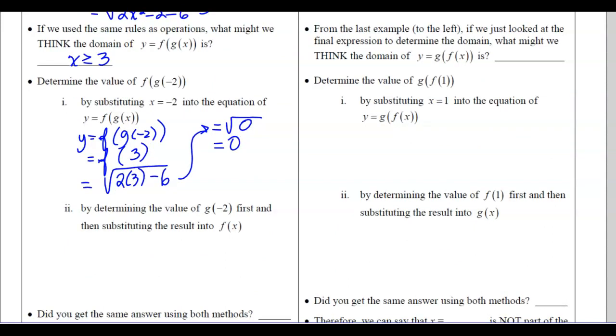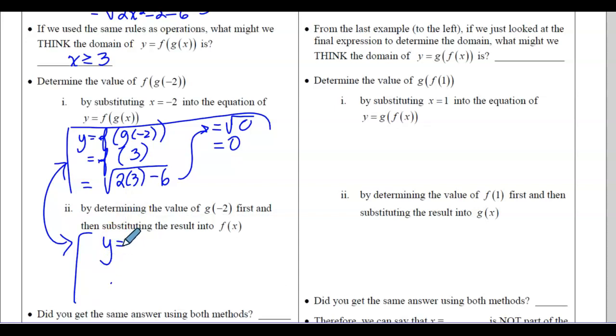Oh, I switched these around. Sorry, I'm going to just move this. You can just put an arrow. This is really for here. So that's what we did: we determined the value of g of -2. Then I want to go back to my function, which was the root of 2x squared minus 8, and subtract it.